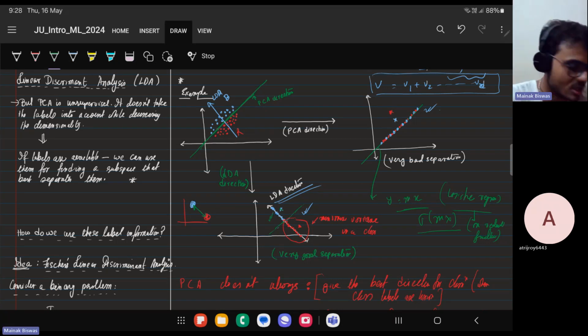I am taking the D-dimensional space and projecting it onto this line, right? So I'm trying to minimize the variance on that line, on the reduced K dimensional space. On the K dimensional space, I want the variance within the class to be low, whereas the separability between classes to be high, right?